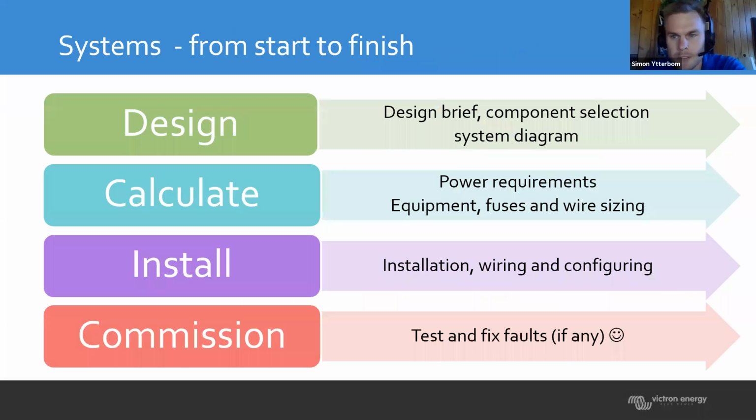So there's 4 general steps to designing a whole electrical system from scratch to finish, whether it's adding on products or if it's starting from the bottom up. The first step is to start designing your system. This is when you would bring out your napkin and start putting down the components that you are looking to integrate.